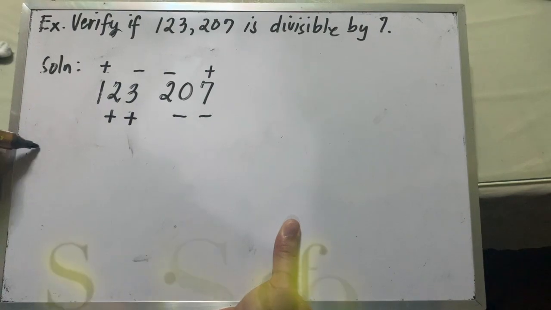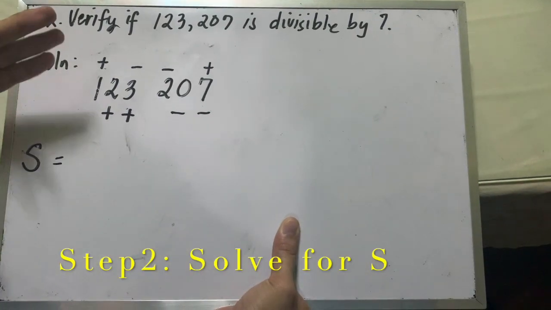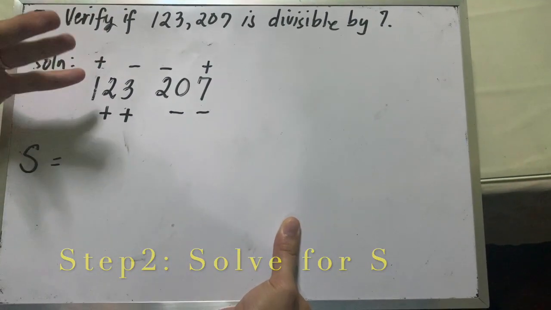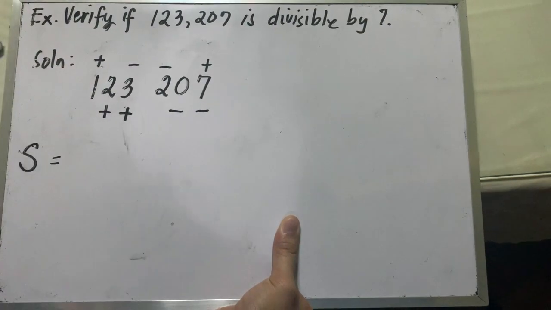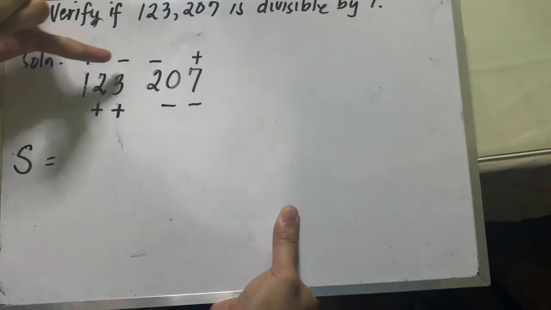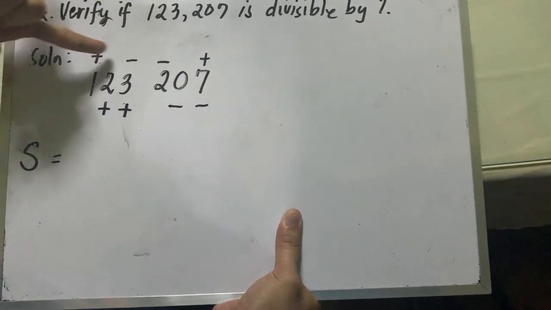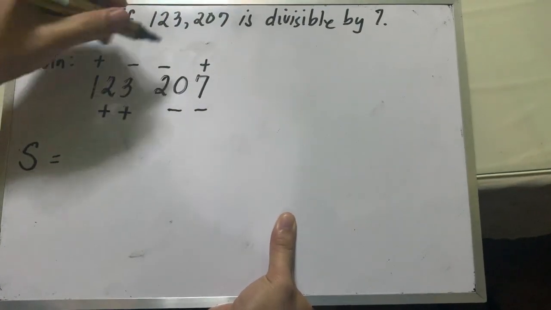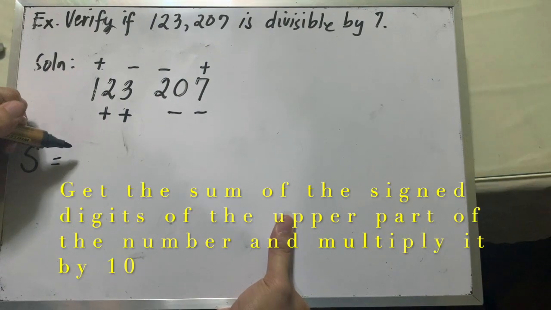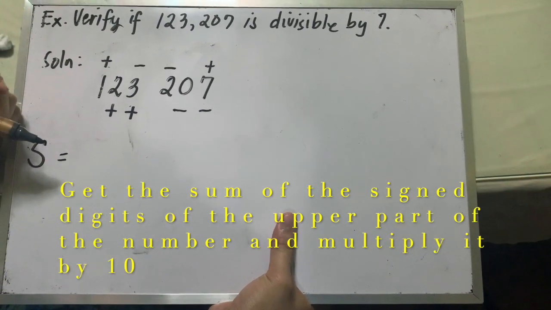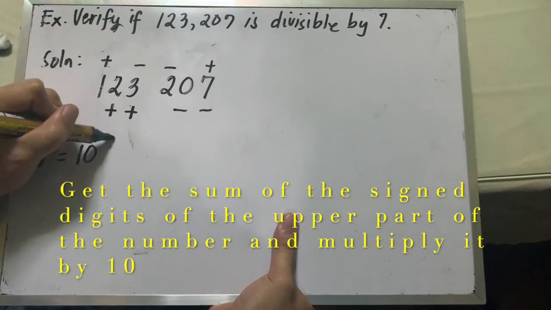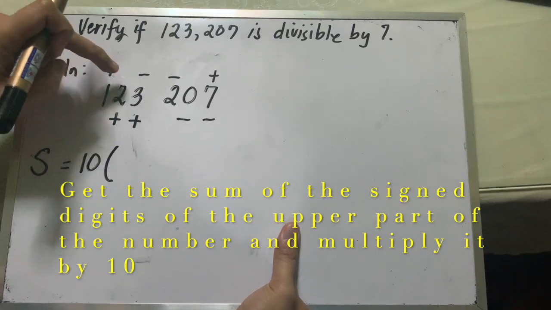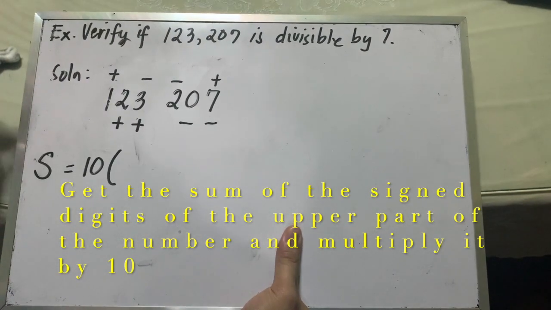In this case, let S be the sum of all the digits that we used in algorithm number 2. So we use the digits on the upper part as well as their signs. The upper signs entail that this sum should be multiplied by 10. So that's 10 times the sum of all the digits with the signs.